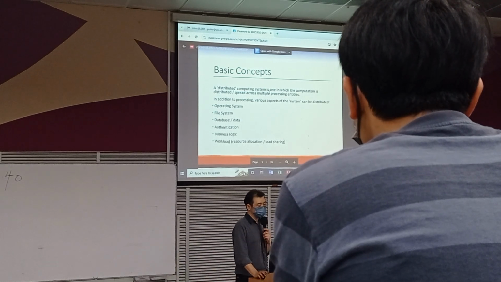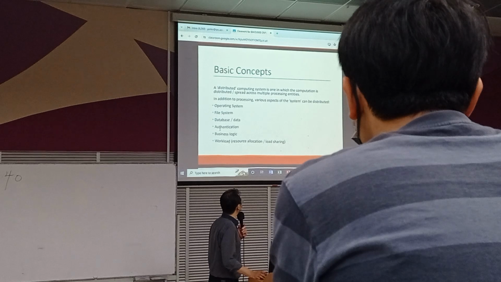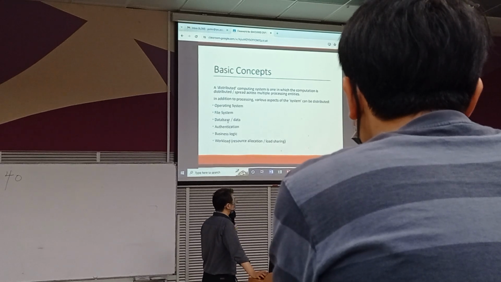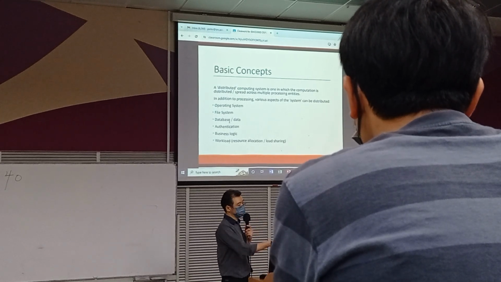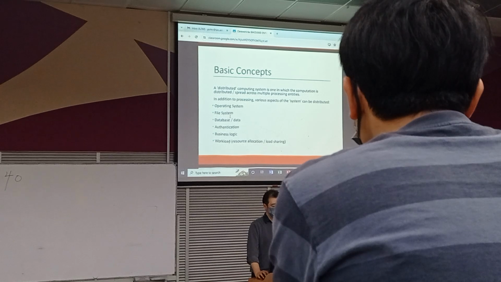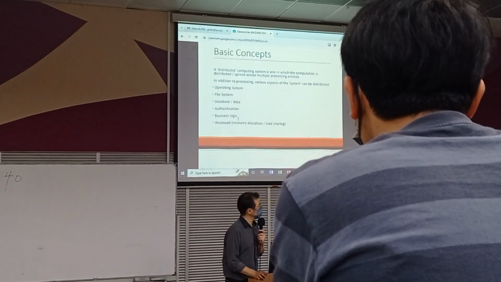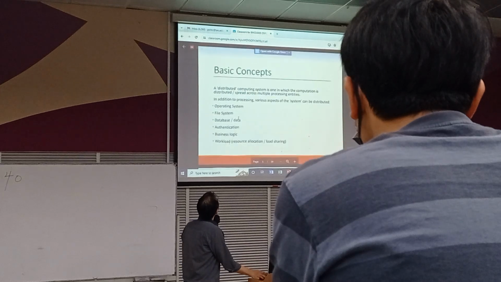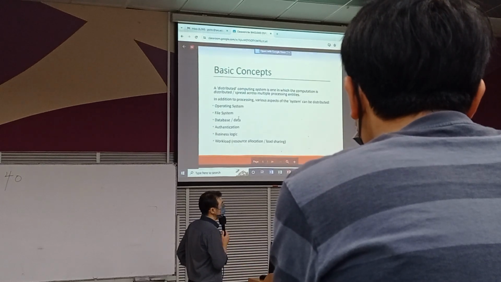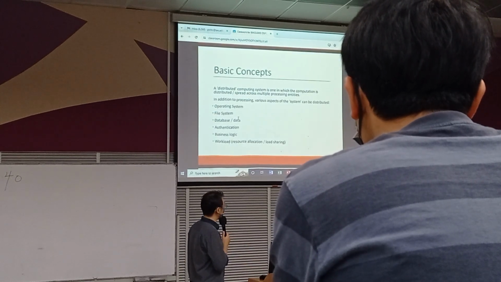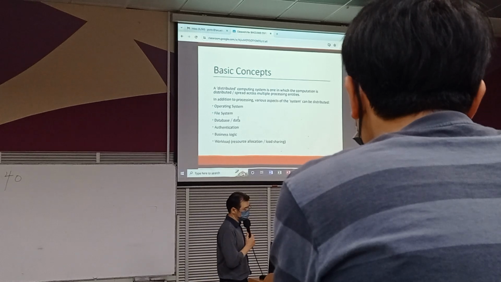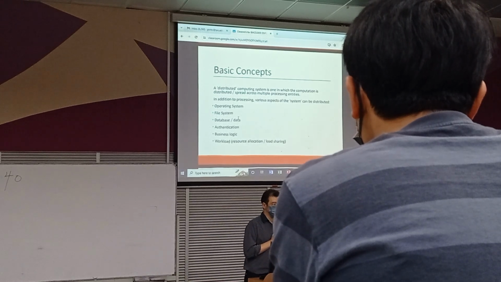Okay, so the database needs to be distributed system aware so that it can retrieve the information from various locations whenever it needs the information. And of course, you need a way to also authenticate, make sure that the person who actually accesses the data is the person who he claimed to be, right?